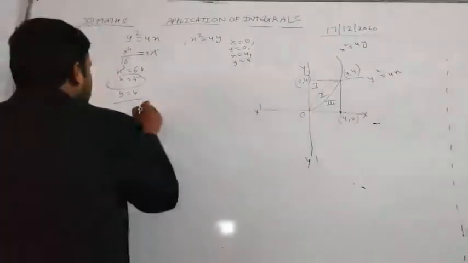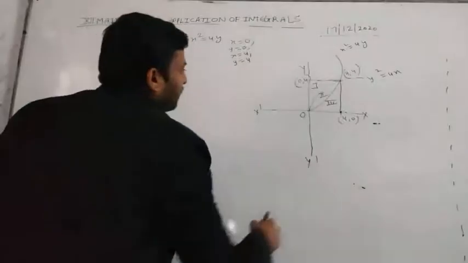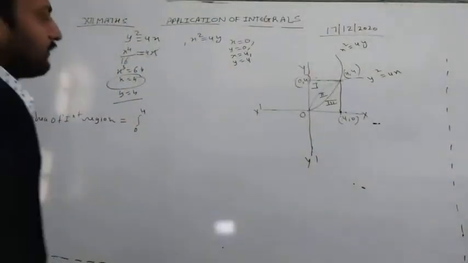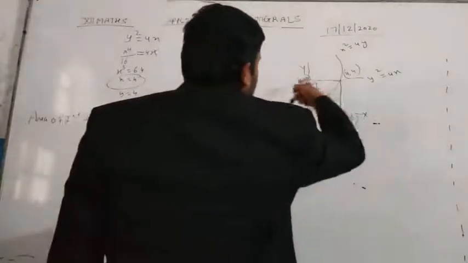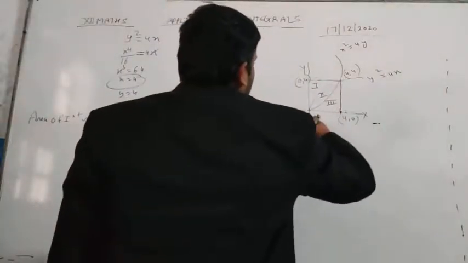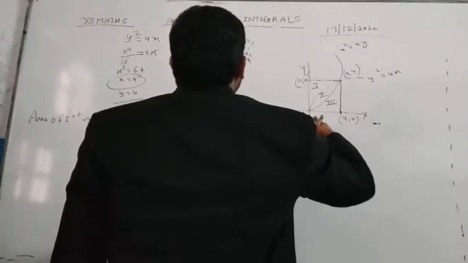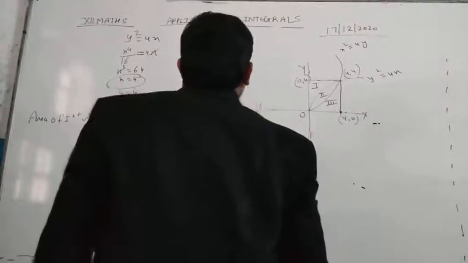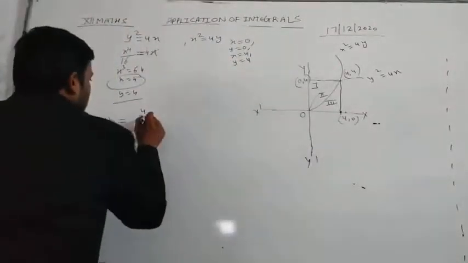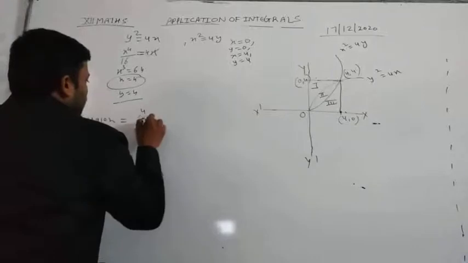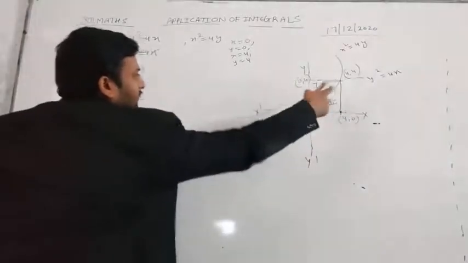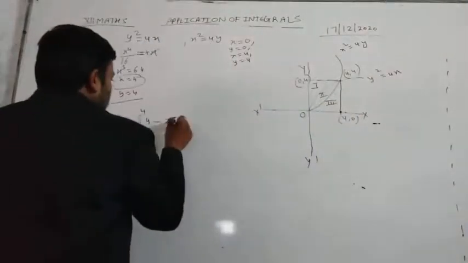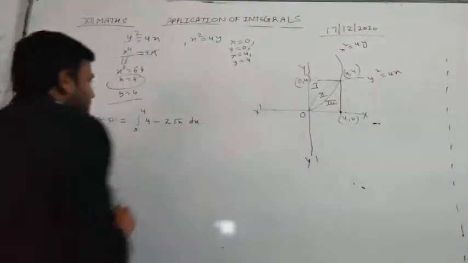So the area of the first region is equal to the integral from 0 to 4 of y1 minus y2. y1 is, this is parallel to the x-axis, so this is y is equal to 4, so y1 is 4 minus, and this is y2, so this will be 2 root x, dx.